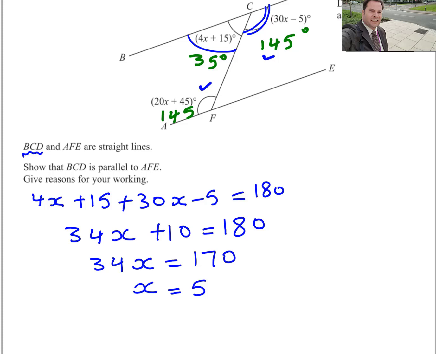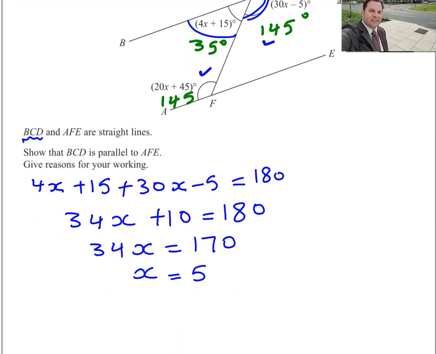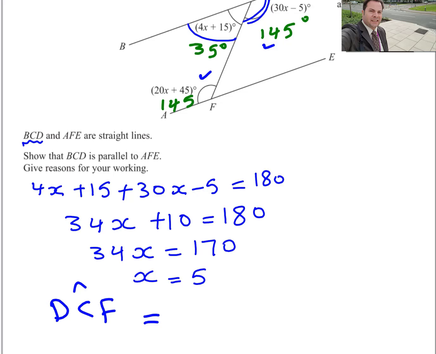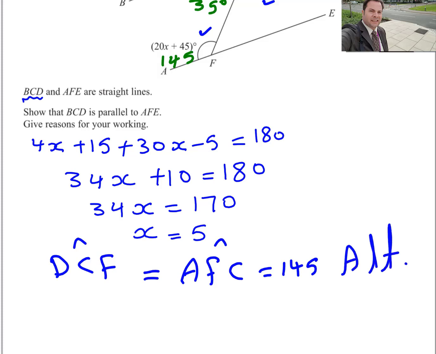The first angle, DCF, is equal to or congruent to the angle AFC, and these two angles are alternate, so these two lines are parallel.